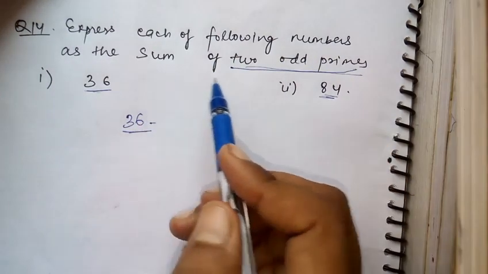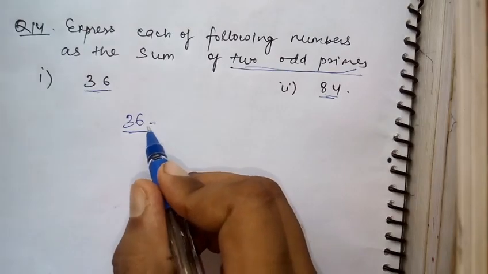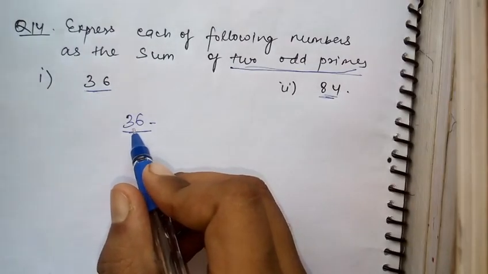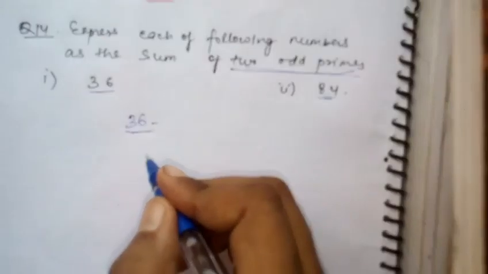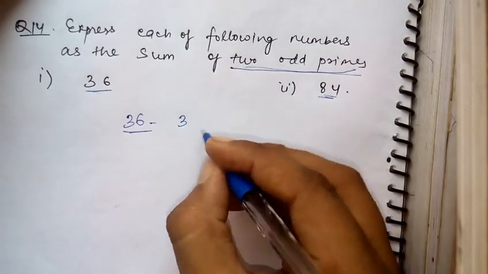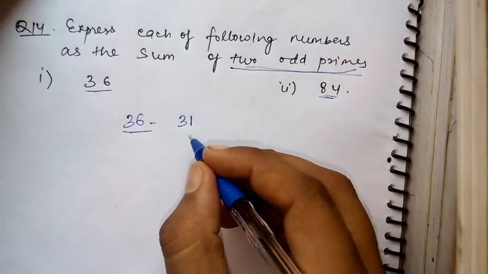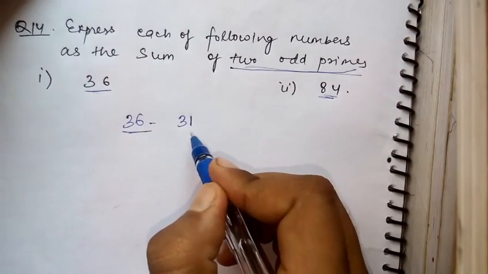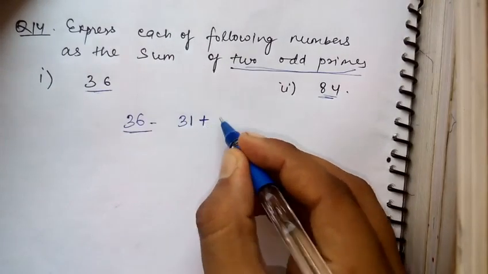For finding such numbers, we have to think of a number which is a prime number and which is less than 36. The prime number which is closer to 36 as well as less than 36 is 31. 36 can be written as 31 plus 5.